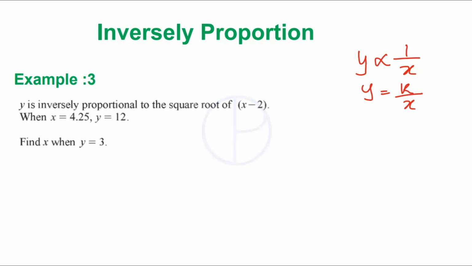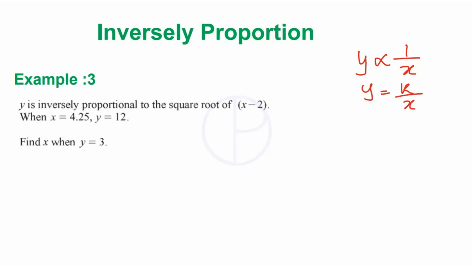Find k by substituting the given values for x and y. Then write the formula for y in terms of x by substituting the value of k, the constant. Okay. Use this formula to find the required quantity, that is x or y, depending on the question.